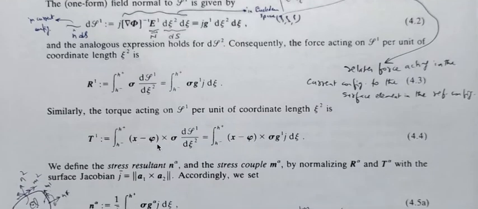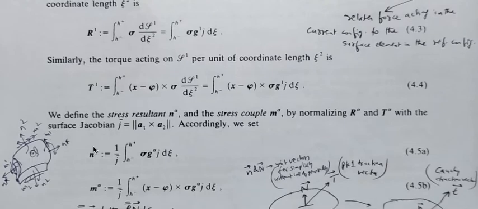And this we multiply with x minus phi, which is along the thickness direction in the current configuration, and multiply that with the force due to sigma, and we get the torque. So this R1 basically gives us n alpha, and T1 gives us m alpha. Alpha is 1 or 2. So we get n1, n2 and m1, m2. Both of these are in the current configuration.